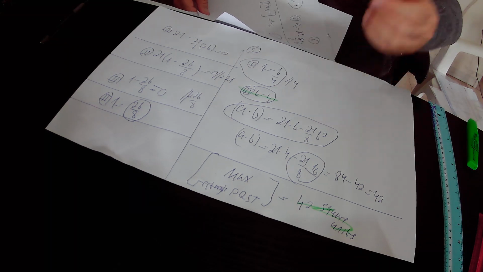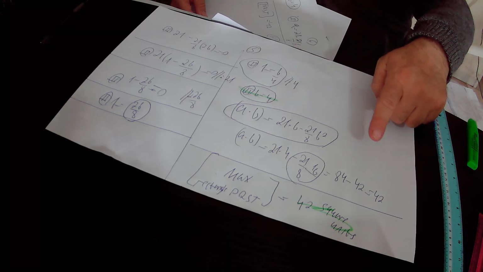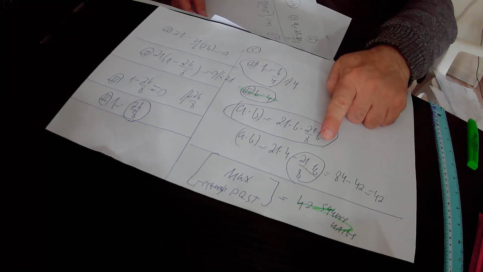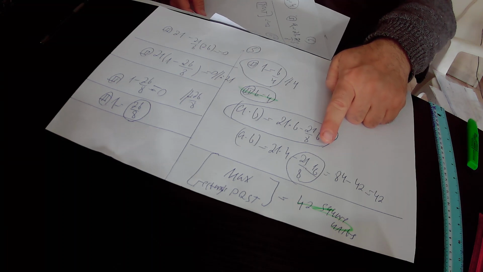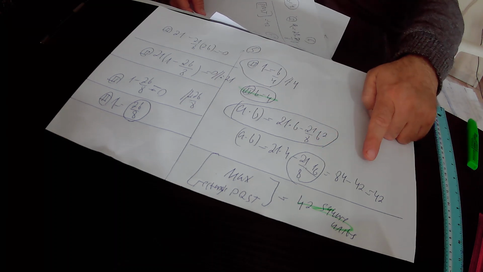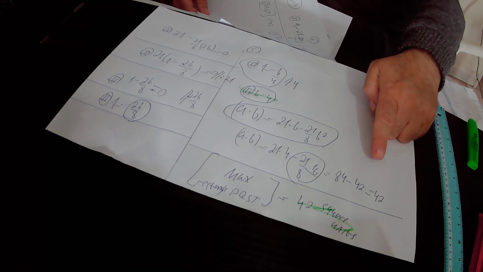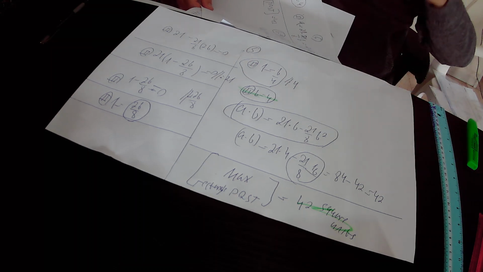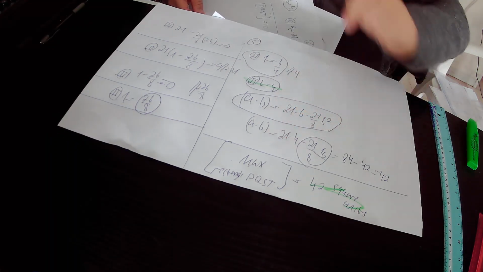So the maximum area of rectangle PQST equals 21 times 4, that is 84, and here we have 16 over 8 is 2, so in total this expression equals 2 times 21, that is 42. So the maximum area of rectangle PQST is 84 minus 42, that is 42. In conclusion, we found out that the maximum area of rectangle PQST is 42 square units.